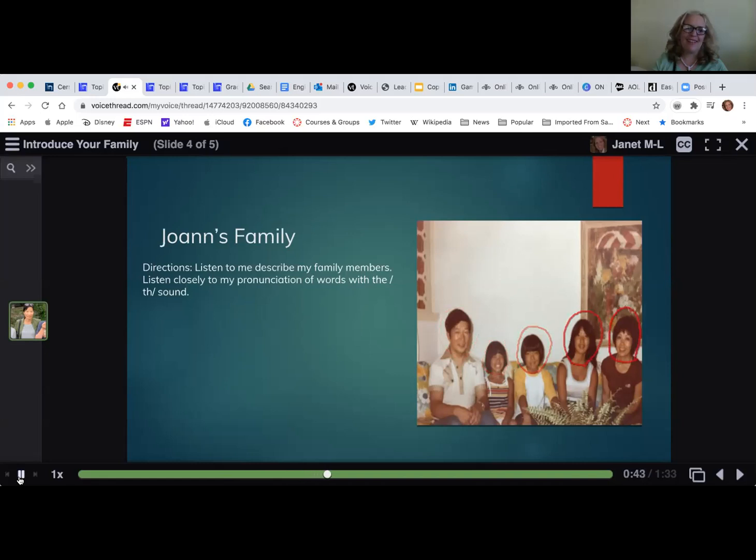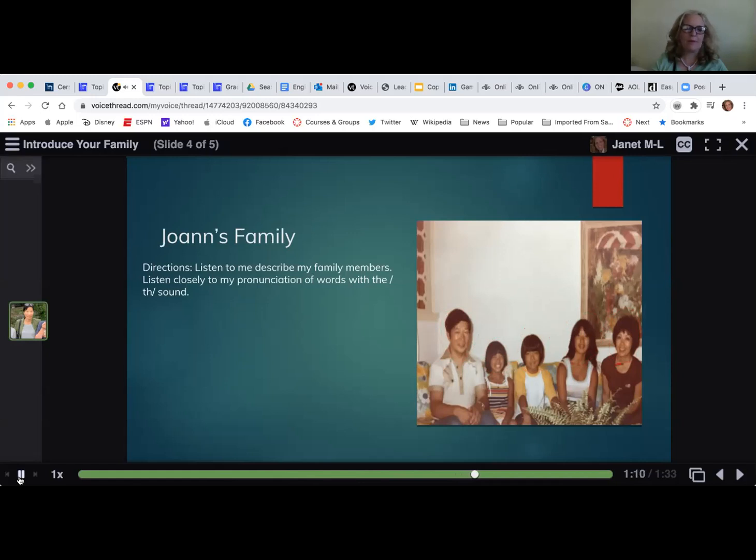So my father's parents came from Japan. They immigrated to the United States back in the early 1900s. So my grandfather's name was Tokuzo, and my grandmother's name on my father's side was named Kohana.